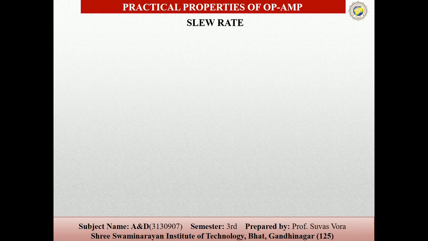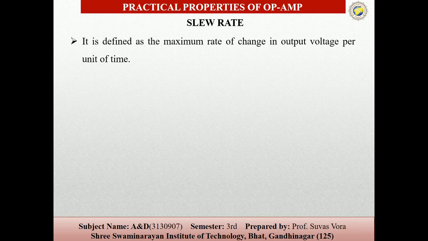Then the slew rate. The slew rate of an op-amp is defined as the maximum rate of change in the output voltage per unit time. It is expressed in volts per microsecond.